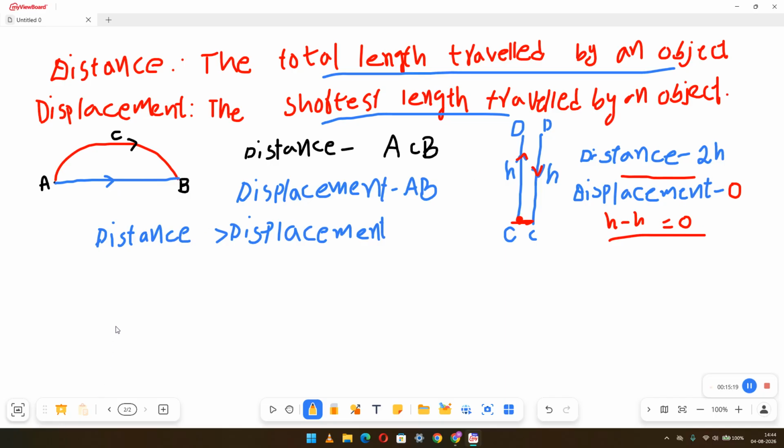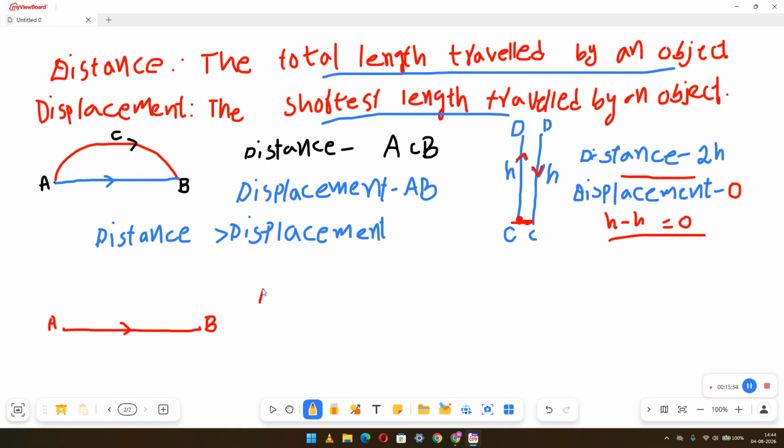Next one is an object moving in this direction, or a vehicle moving on a floor. It reaches from the point A to B. What is displacement and distance here?